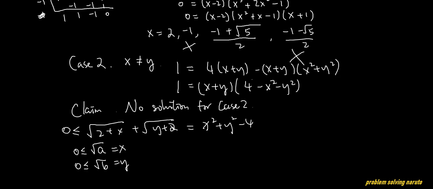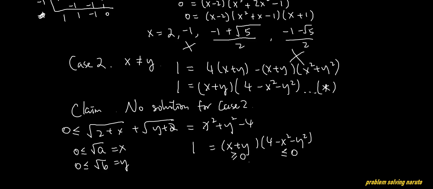But here, in this equation star, because this is non-negative, this is non-positive, this is non-negative, the end result should be non-positive, but the left hand side is positive. So contradiction. Okay, so no solution.